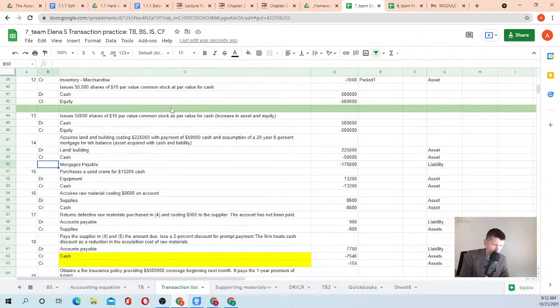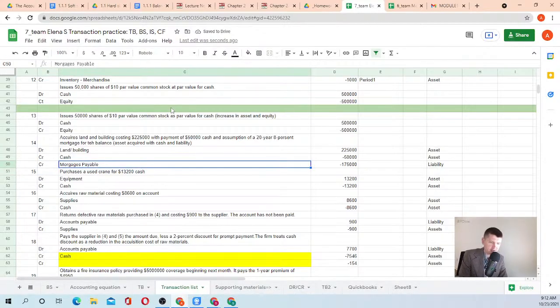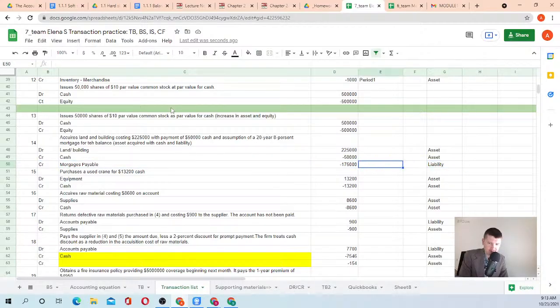That's right. And we also finance that asset with a mortgage. We finance the balance, the outstanding balance on that asset with a mortgage. And mortgage is a liability. And liability increases by credits. So that's presented correctly here.